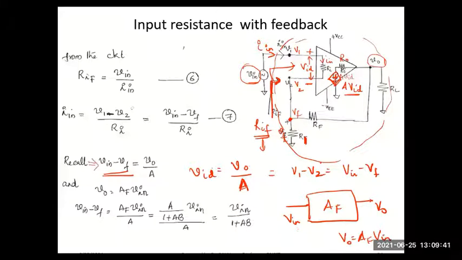Yes or no? This whole thing which I have shown in the circle represents the complete non-inverting or voltage series feedback amplifier. Therefore, you can write V0 as AF times Vin.